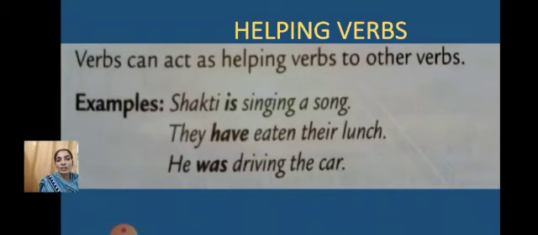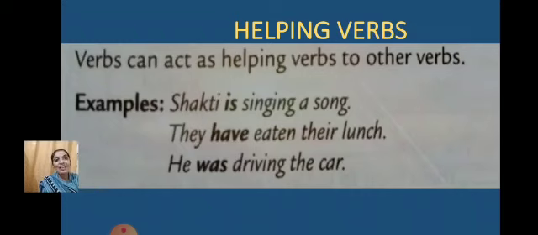Examples: Shakti is singing a song. They have eaten their lunch. He was driving the car. Children, now you can see is, have, was. In the previous slides, we talked about the different ways they are used, in state of being and showing possession.